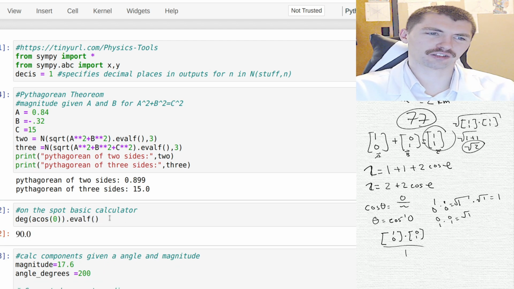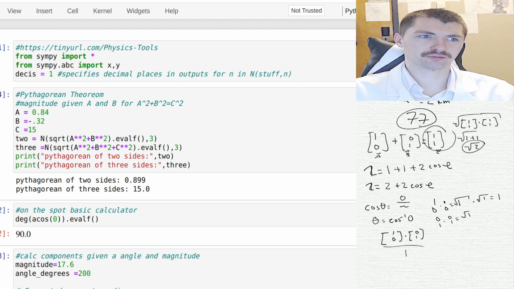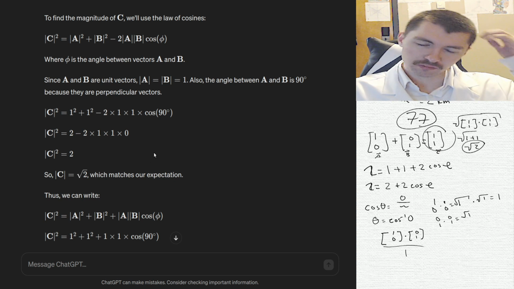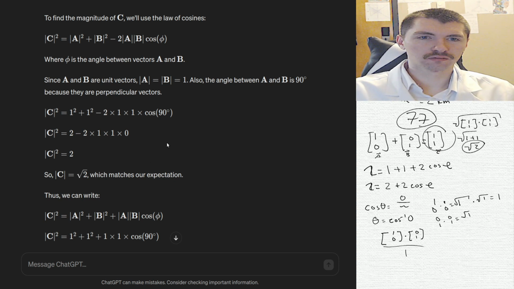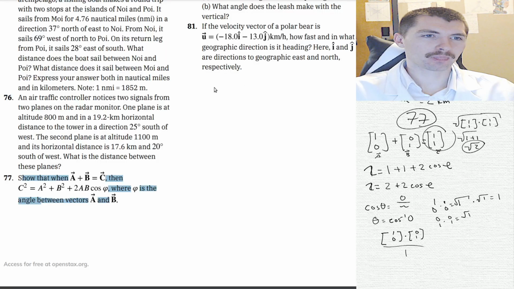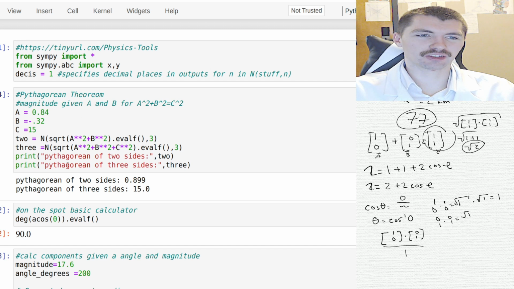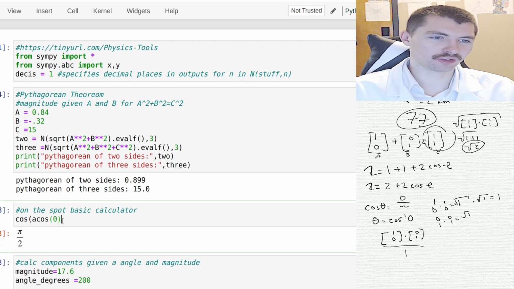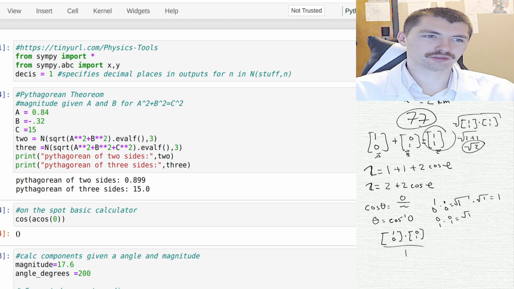Okay, so I guess if I convert it to degrees, then it makes more sense. Arccosine of 0. So then you plug in. Okay, so I think I get what we were doing. If the arccosine is that, then we're taking the cosine of that, which is 0.